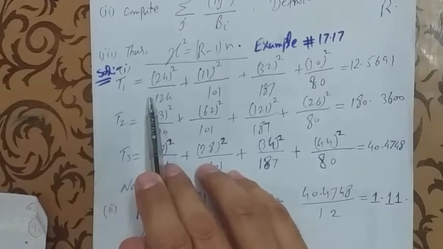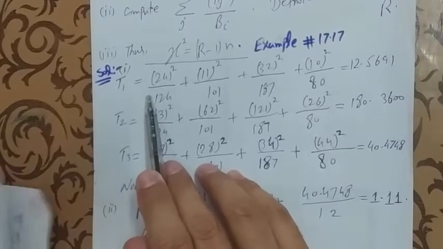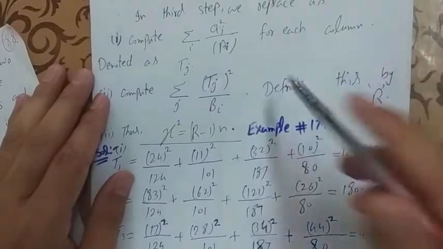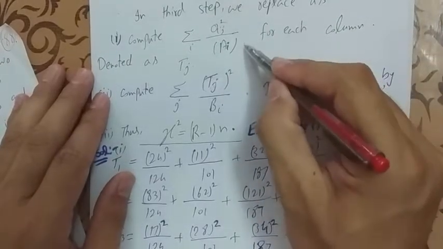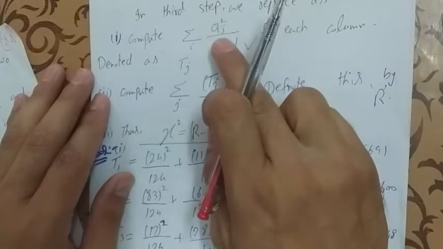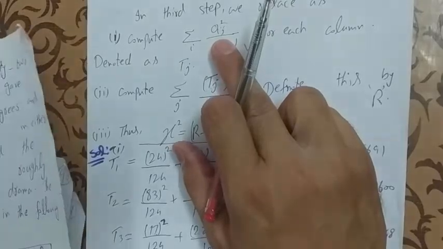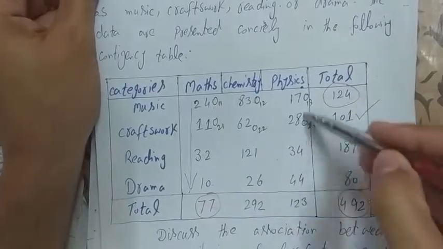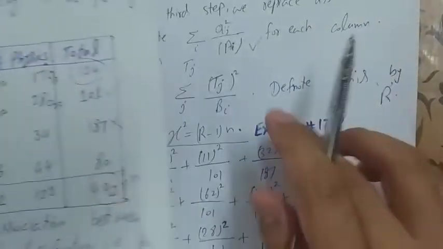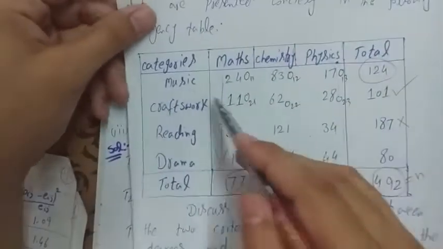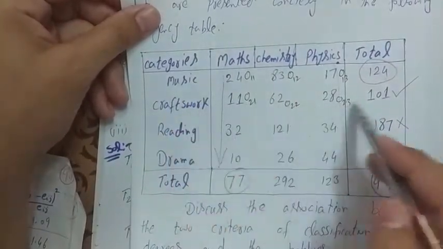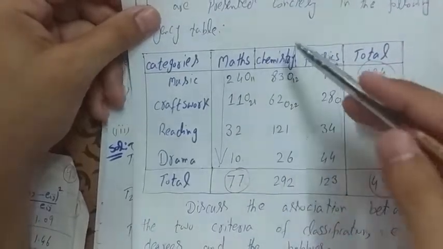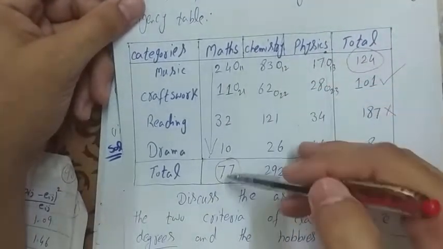Students, first of all, keep this point in mind: Oij whole square. Oij stands for the observed values, and these are all the observed values. Ai shows the row sums, and Bi shows the column sums, that is this.